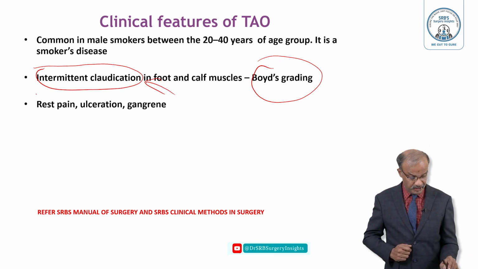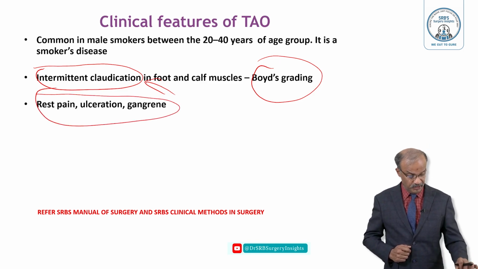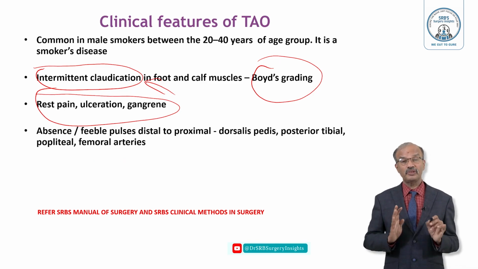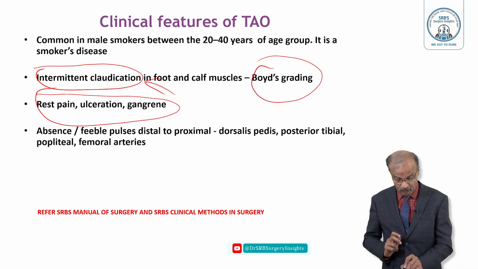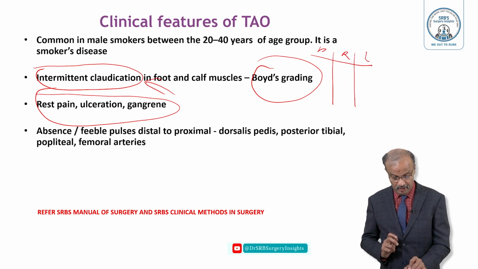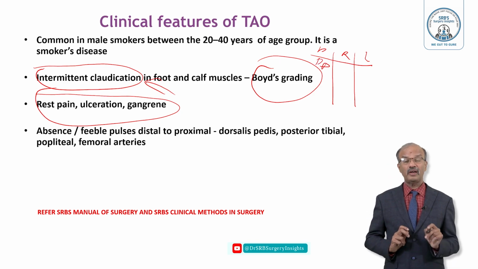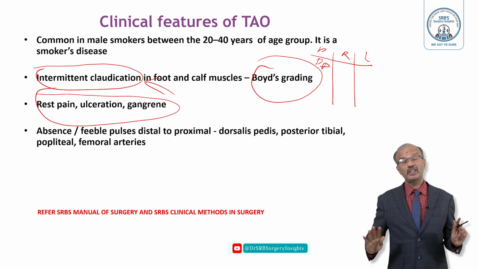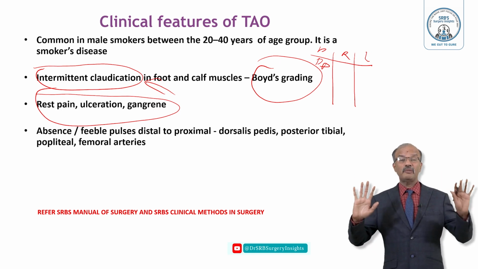And rest pain and ulceration are critical limb ischemia features. So absent and feeble pulses, all peripheral pulses should be written in tabular form, like this. This is the pulse, right, left, dorsalis pedis. From distal to proximal you have to write, unless there is a specific patient with upper limb ischemia as a specific entity, where you write upper limb.